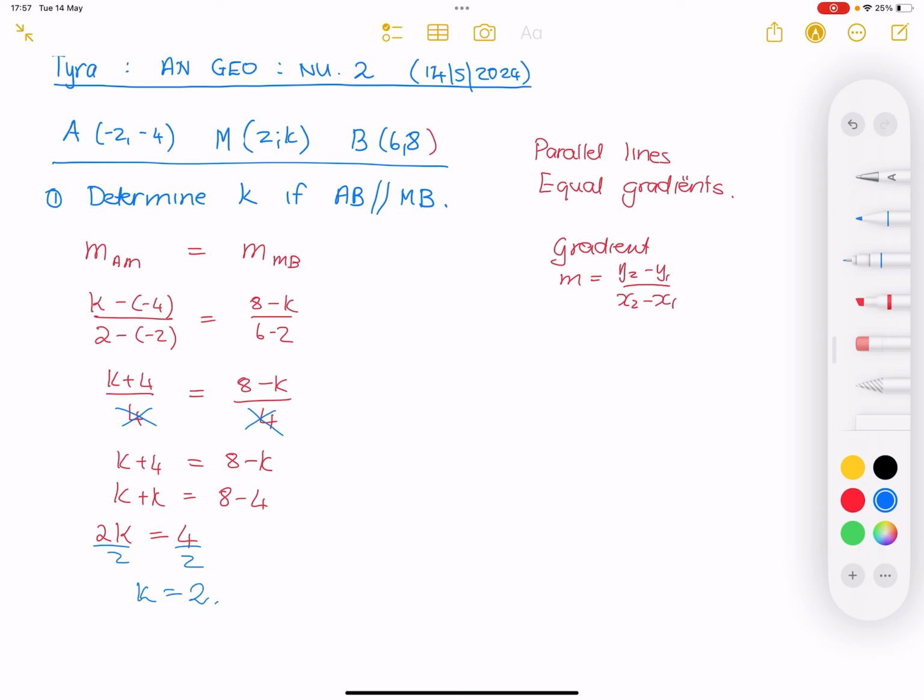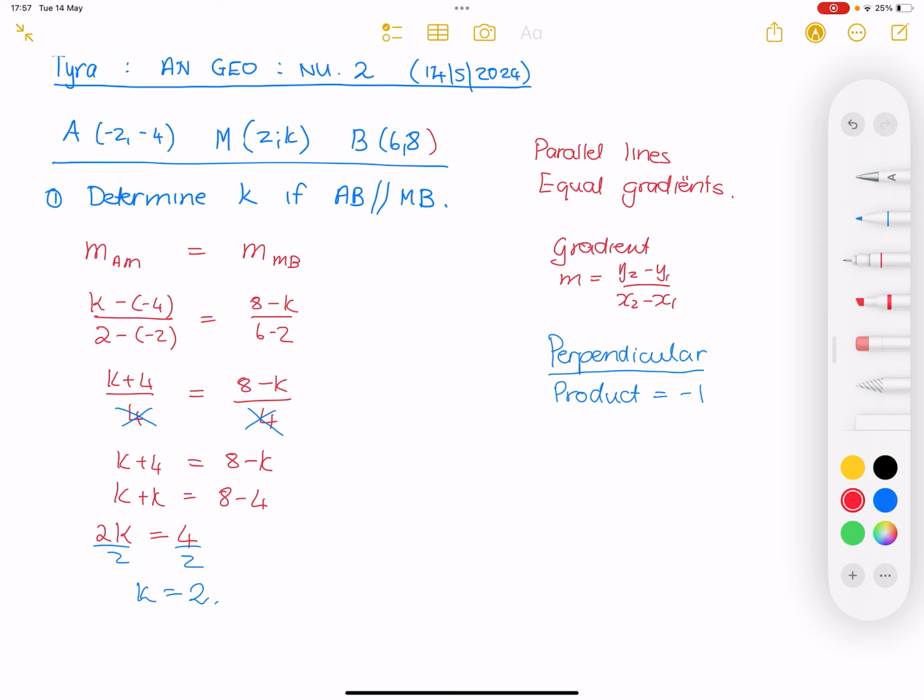Right. Now I come to perpendicular. When lines are perpendicular, it means their product is equal to minus 1.